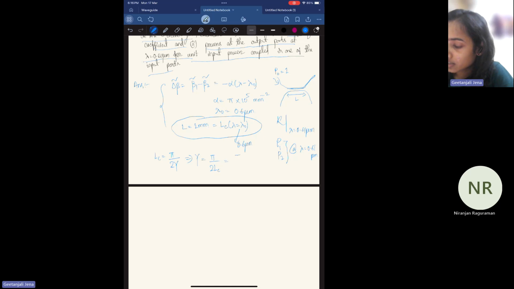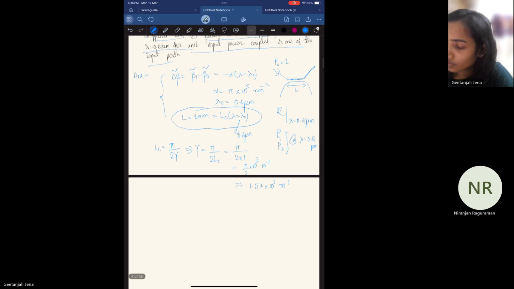So this is pi by 2, LC is 1 mm. So pi by 2 into 10 to the 3 meter inverse. This is the value of gamma we get. If you calculate it, it will come around 1.57 into 10 to the 3 meter inverse.